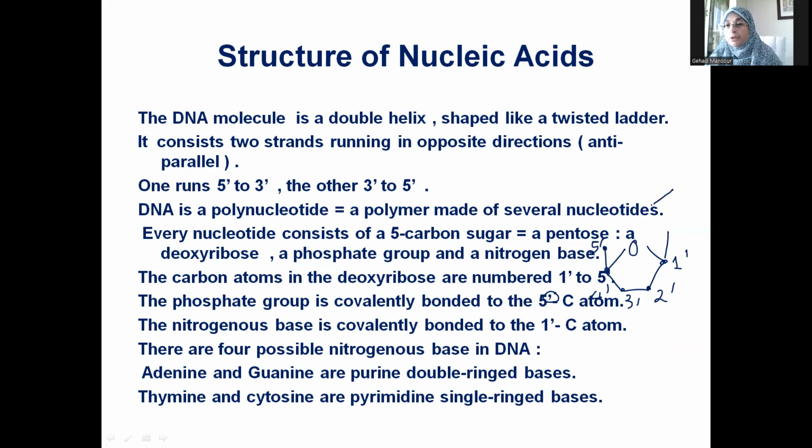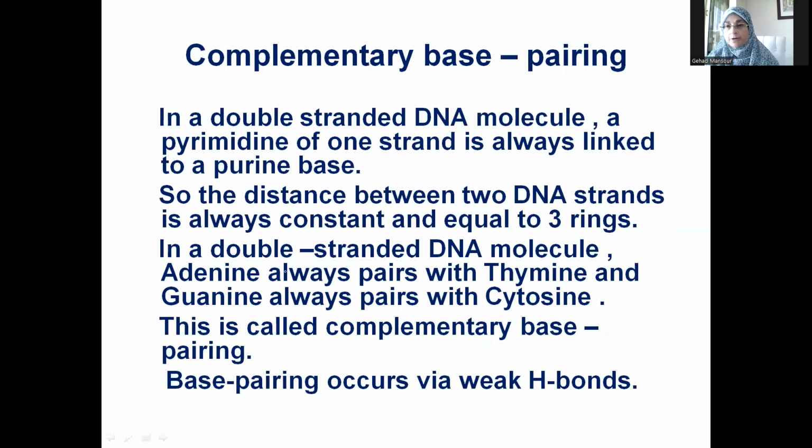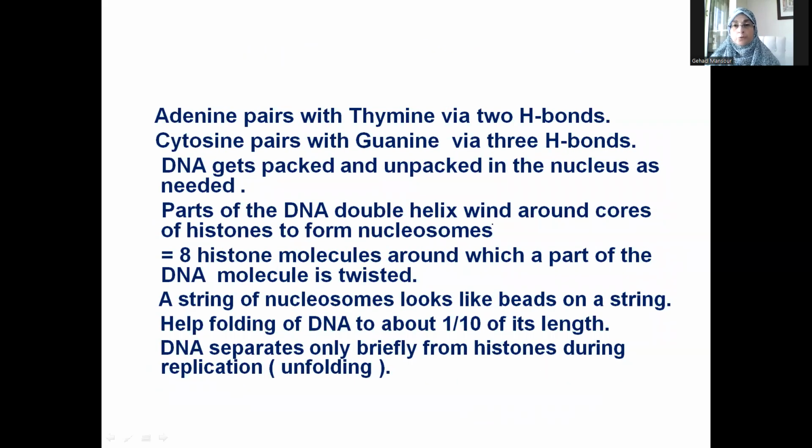In order to differentiate it from the carbon atoms of the nitrogenous base. We don't say prime when we count the carbon atoms on the nitrogenous base. And we talked about the complementary base pairing and the distance between the two rings and the hydrogen bonds and the packing and the histone molecules.